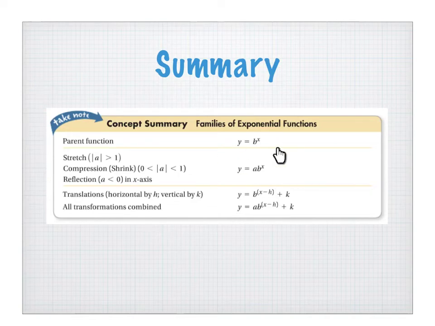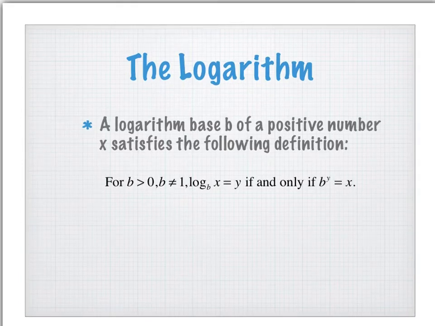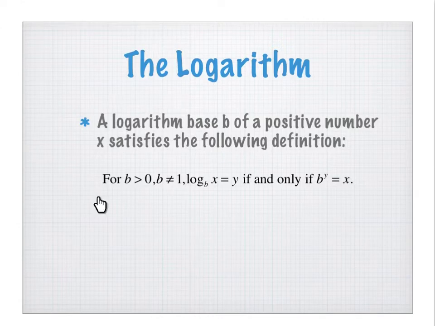Okay, what's a logarithm? A logarithm base b of a positive number x satisfies the following definition. For any b greater than 0, and b not equal to 1, log base b of x is equal to y if and only if b to the y power is equal to x.